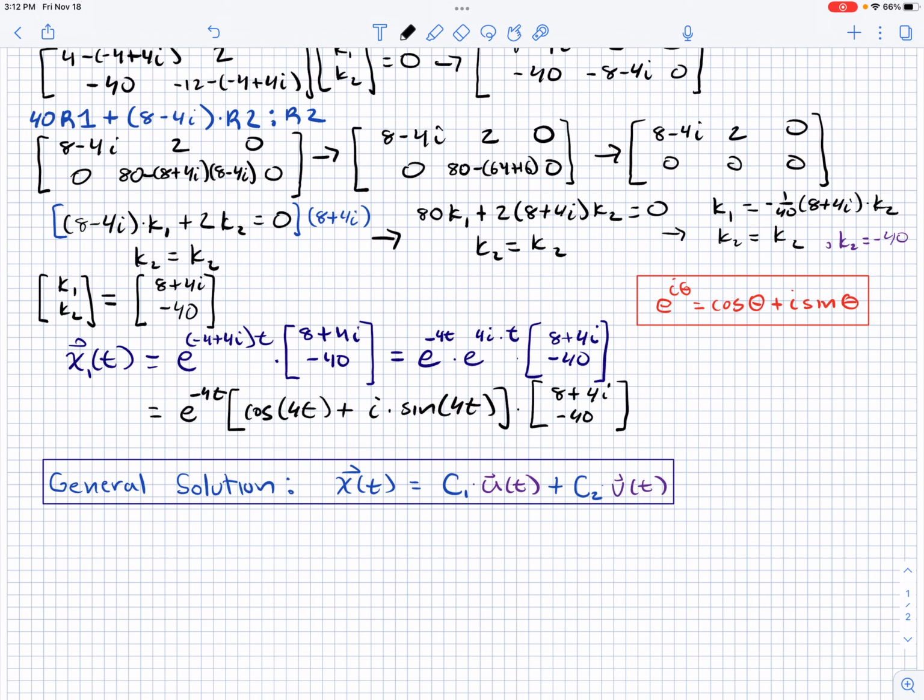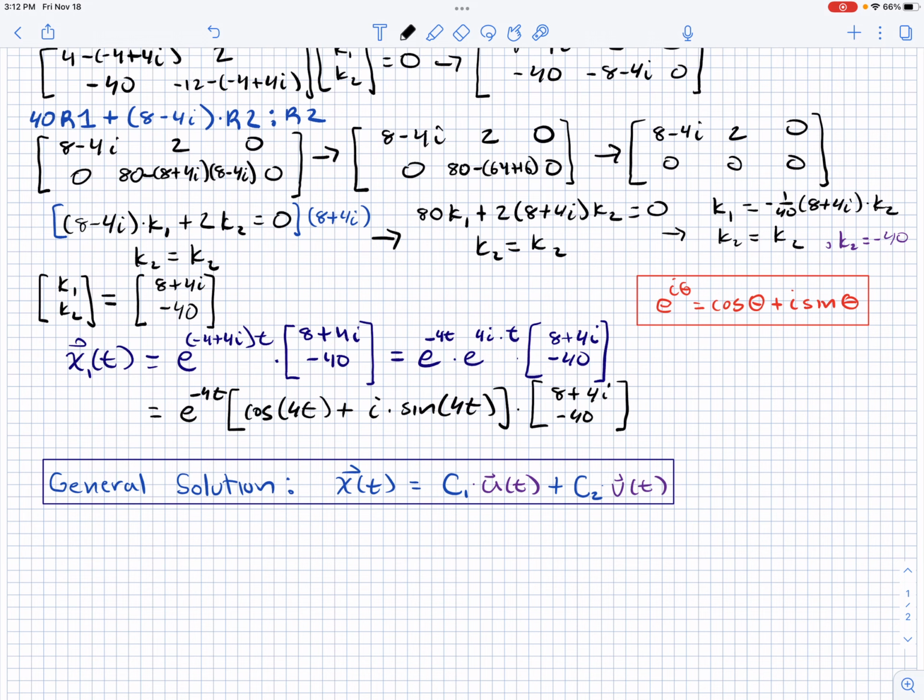So from there, notice I wrote this general solution. What we are essentially trying to do is find our vector here and vector here, which I labeled as u of t and v of t. So ultimately we're going to try to manipulate this to look like this.